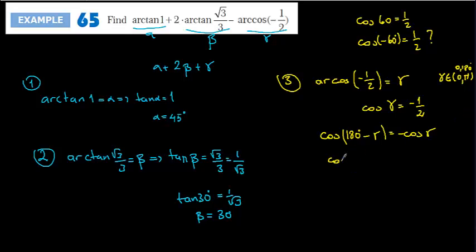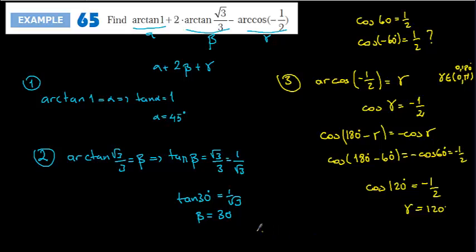So cosine of 180 minus 60 is equal to minus cosine 60, and that's equal to minus 1 over 2, which I am looking for. So cosine 120 is going to be equal to minus 1 over 2. It means that gamma is equal to 120.